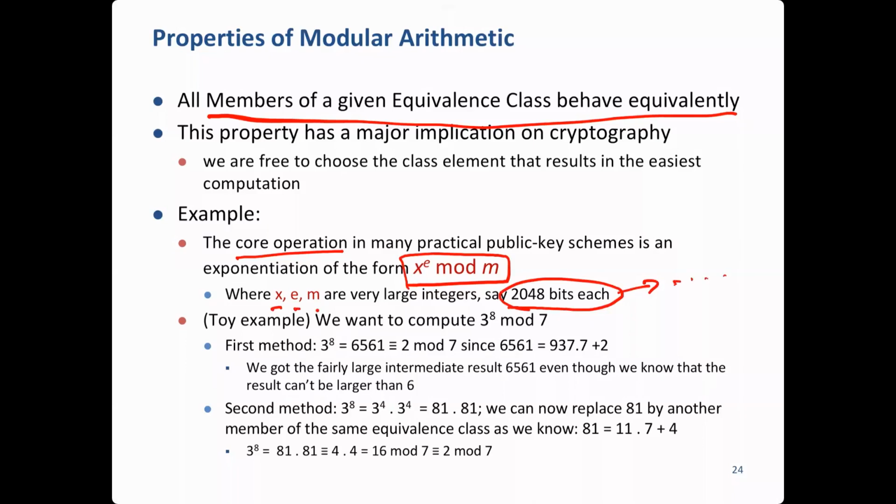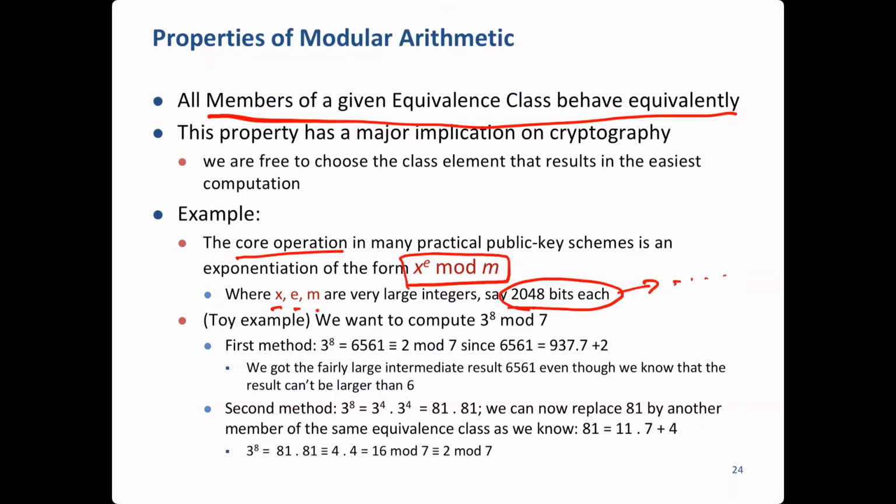Similarly, e is very large. It could be similarly 2k number of bits. Sorry, it's power. So x raised to the power e is going to be very, very large. So the whole computation is going to take a lot of time. But using this modular method, we can simplify this, right?